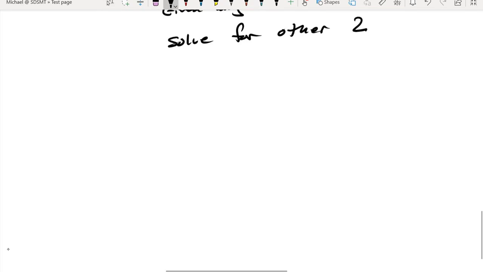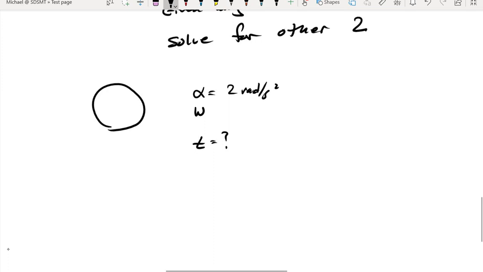Let's say that we have a wheel that starts from rest, and it is going to accelerate at a rate of 2 radians per second squared. And I'd like to know how long it takes for that wheel to reach an angular velocity of 20 radians per second.